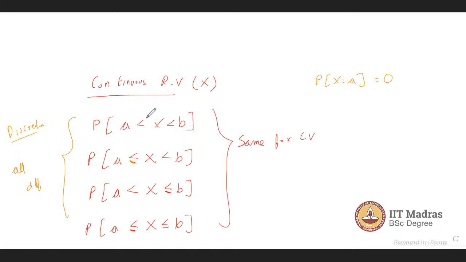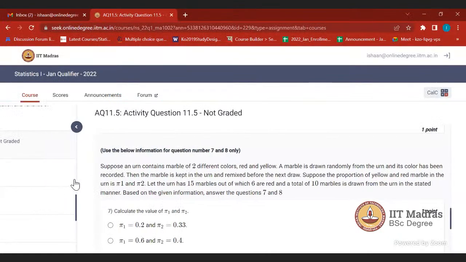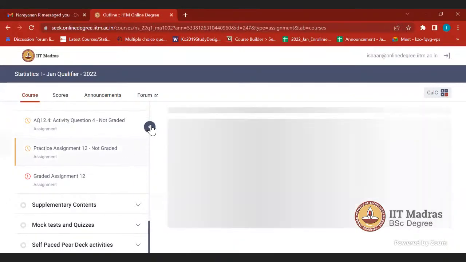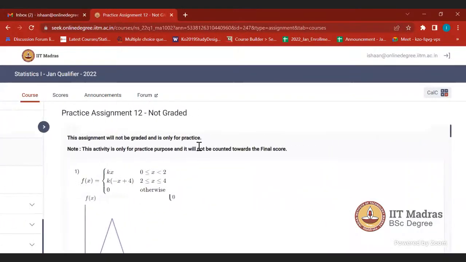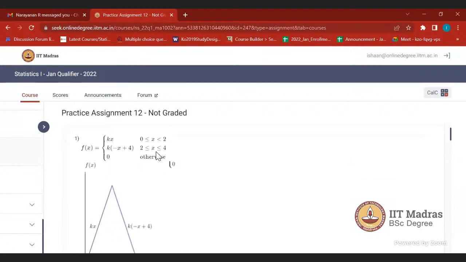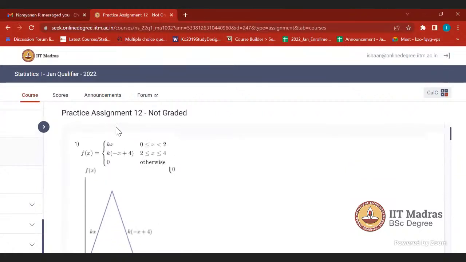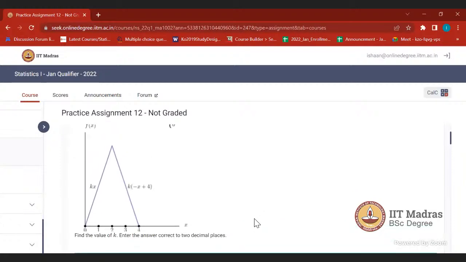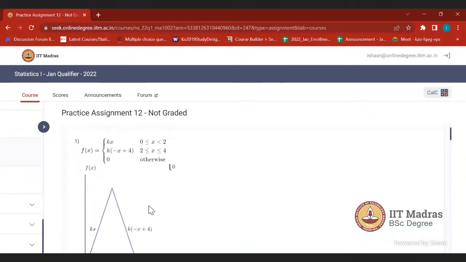Okay. I have one doubt in practice assignment 12. First question. Actually, I solved it with integration, but in the solution, it gives the point at x equal to 2, f of x equal to 2k, and the value of k.